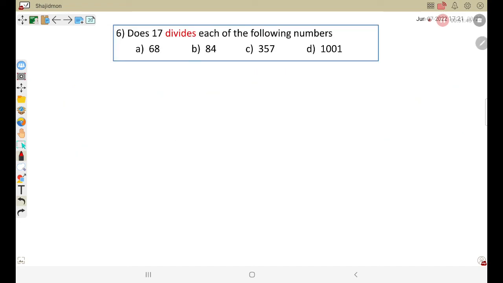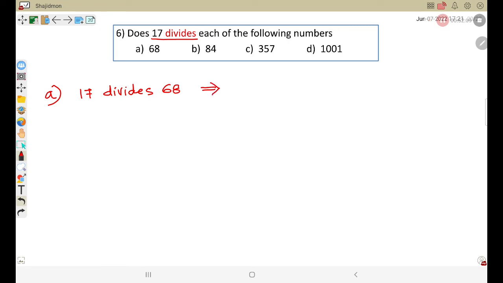Okay, now we will go to question number 6. Does 17 divide each of the following numbers? First one, A part: does 17 divide 68 or not? That is the first question.